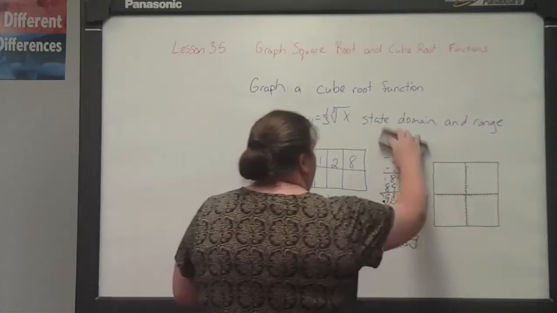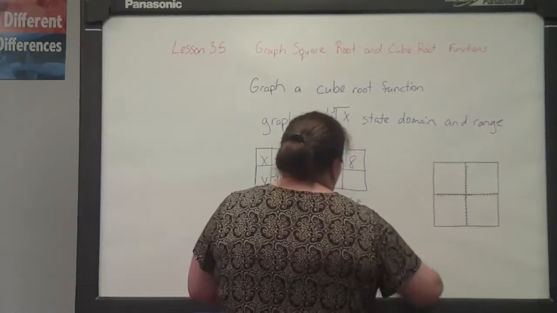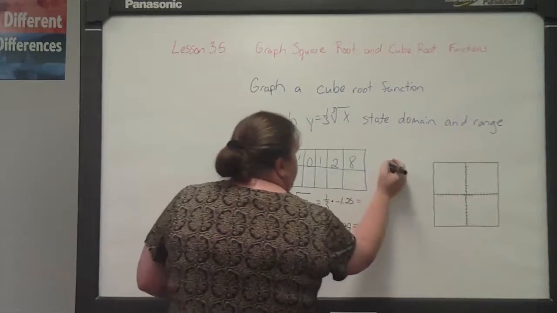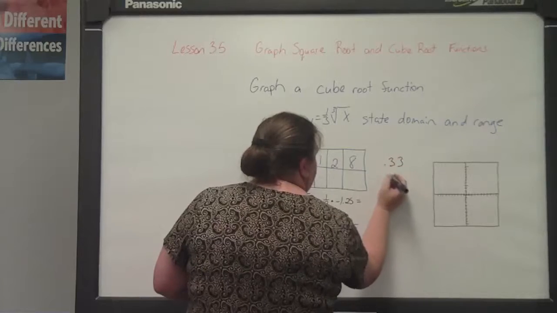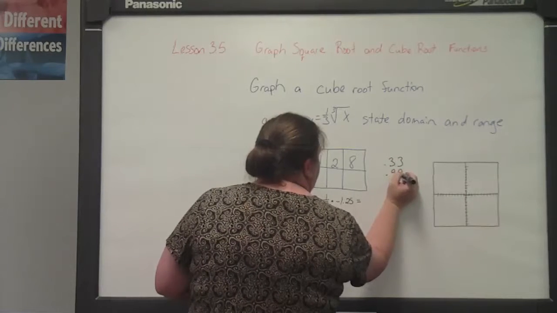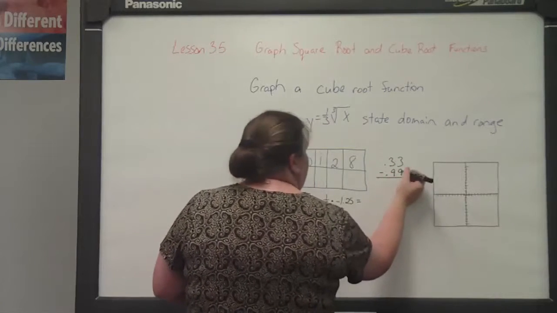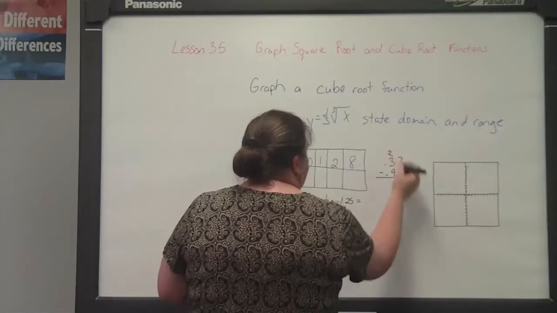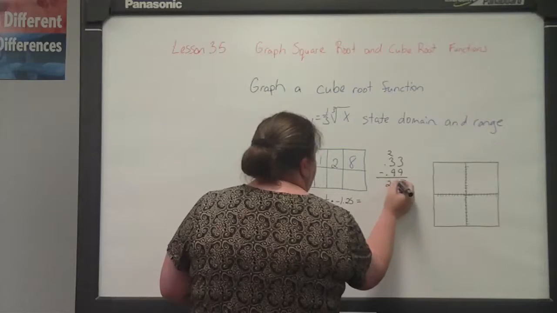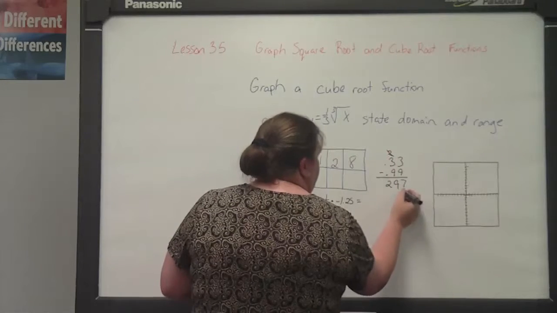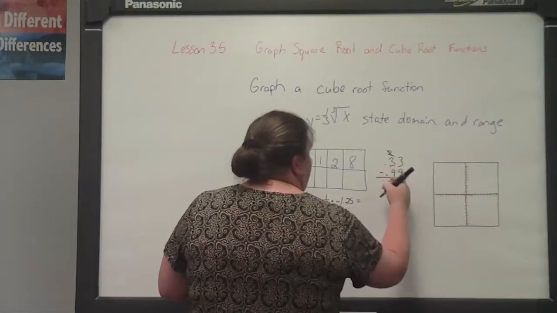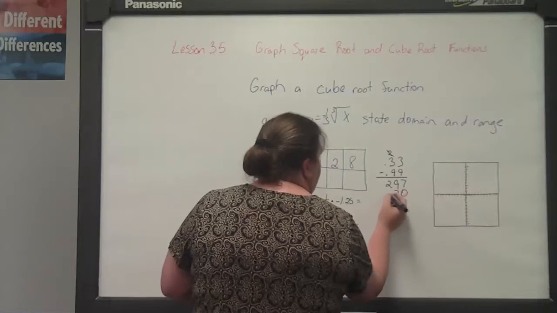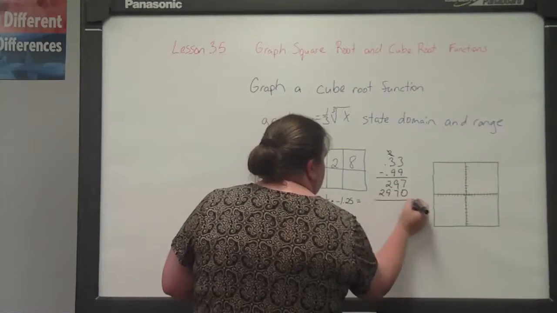Now, for us to be able to do that, I'm going to erase again. And I'm going to say 0.33 times a negative 0.99. We have 3 times 9 is 27. Carry the 2. 3 times 9 is 27 plus 2 is 29. I bring my 0 down. And we have the same exact numbers. So we have 7, 9, and 2.